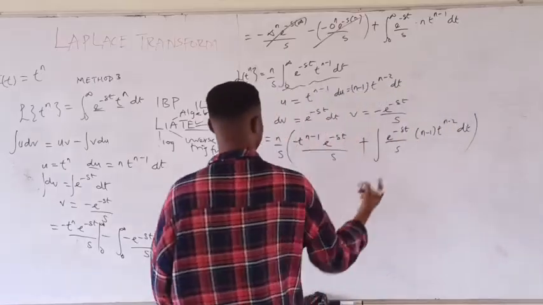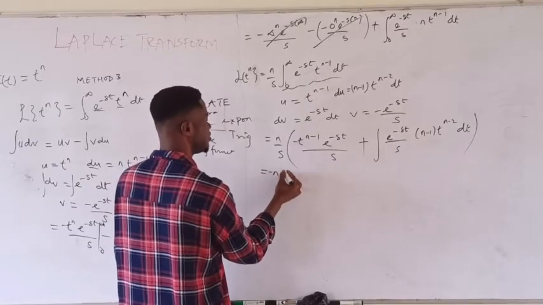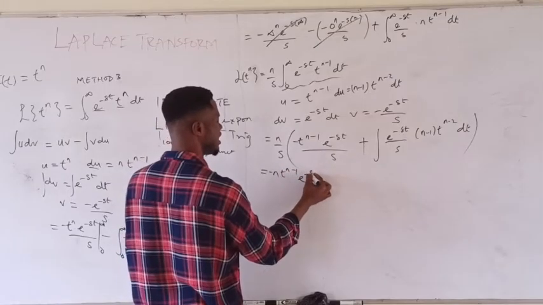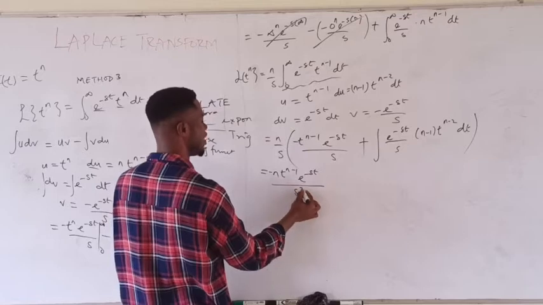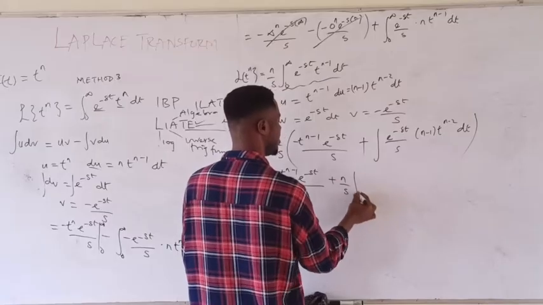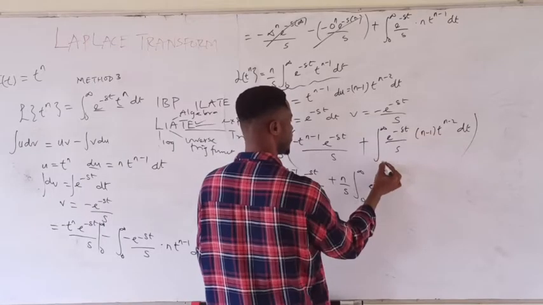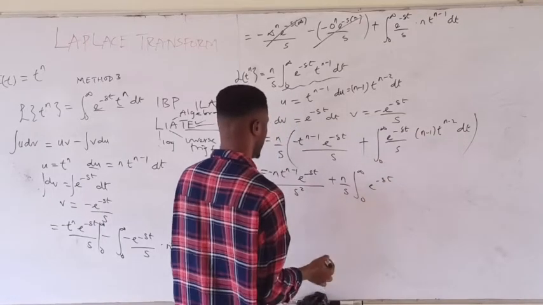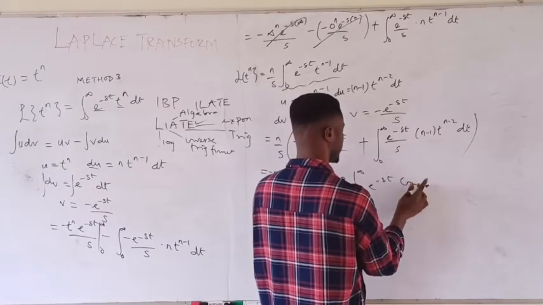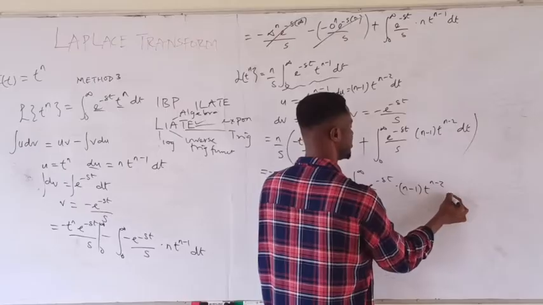So let's expand this bracket. So this is equal to minus n multiplied by everything. I have minus n t raised to the power of n minus 1 exponential of minus st divided by s times s gives me s squared, plus n over s, plus n over s integral from 0 to infinity of exponential of minus st times n minus 1 t raised to the power of n minus 2 dt.